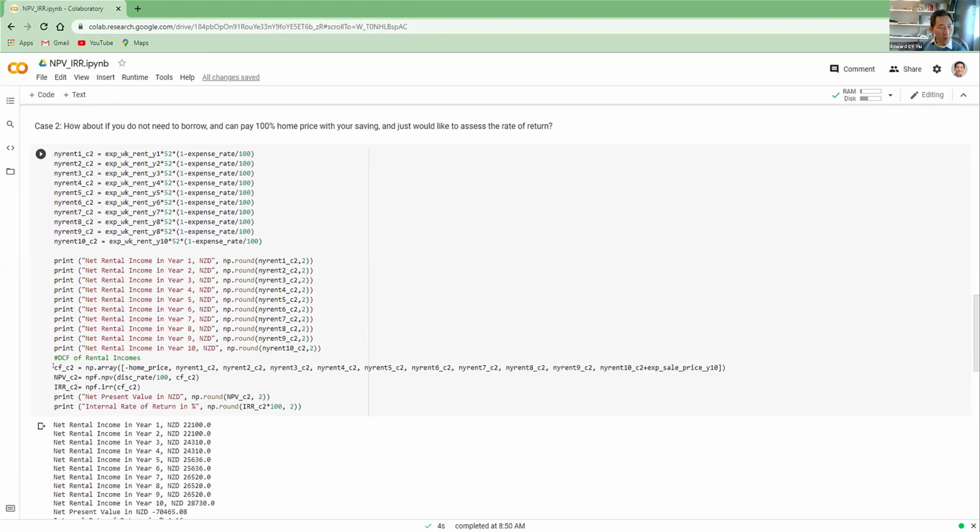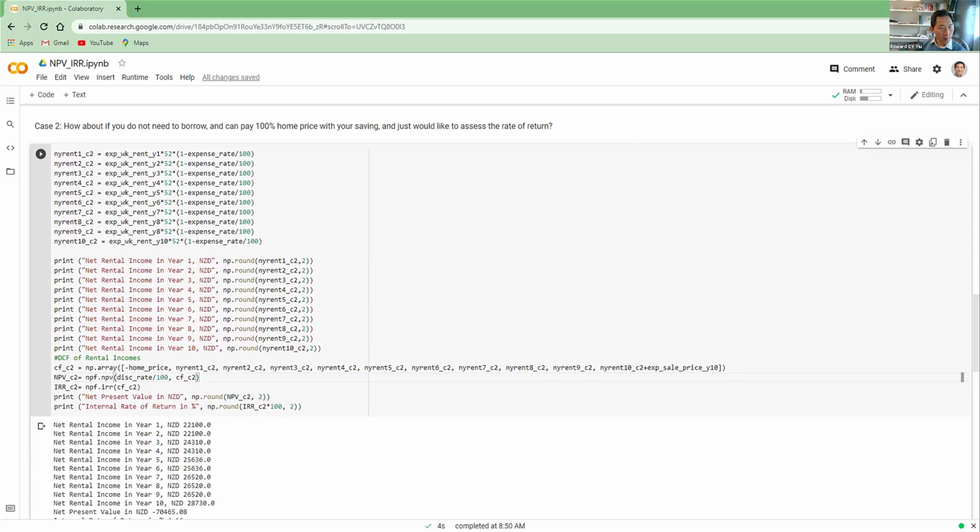Then we also repeat the cash flow here, but the first initial payment would be the home price in negative terms because you paid 100% on your own. But at the end of the 10th year, you simply add the expected sale price without deducting the repayment of home price because you do not borrow.